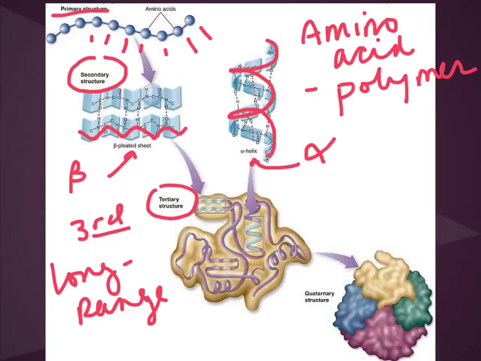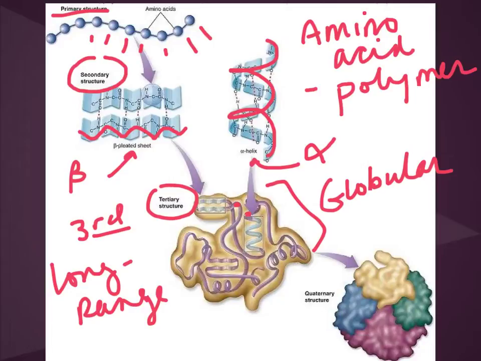An amino acid at this part of the strand might bond with an amino acid way further down the strand and make that protein strand fold in a characteristic globular fashion. So when the protein is crumpled up looking like something like this, we call this the globular form of the protein structure. And so the tertiary structure is the globular structure because there are long-range amino acid interactions.